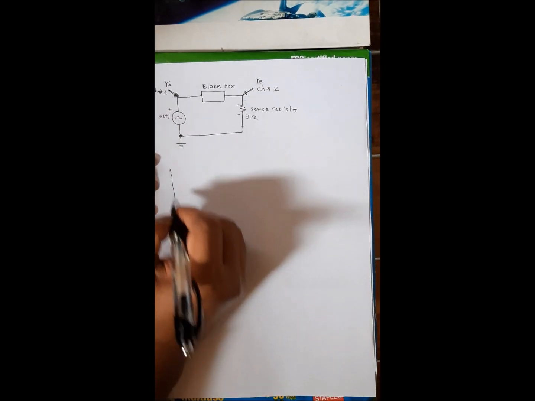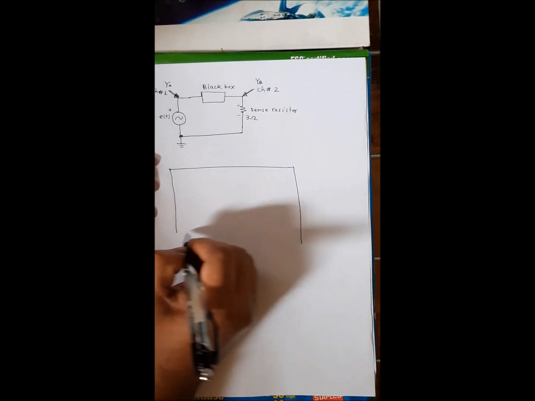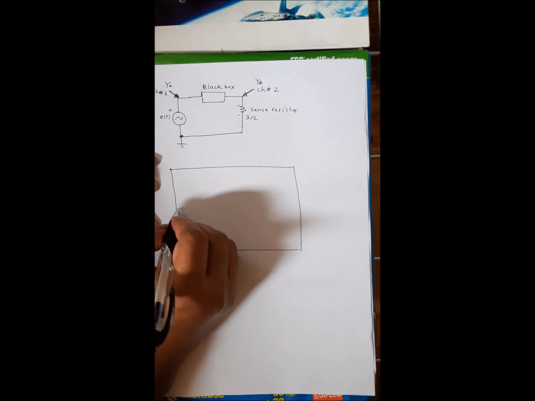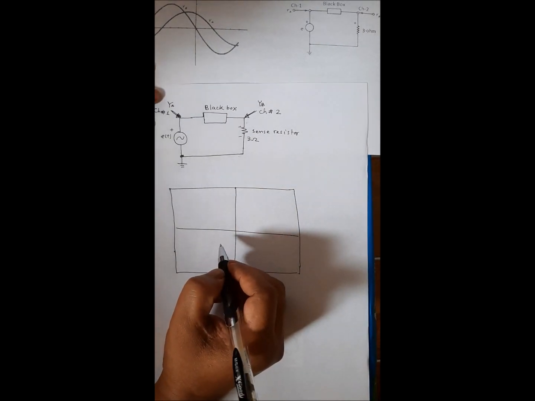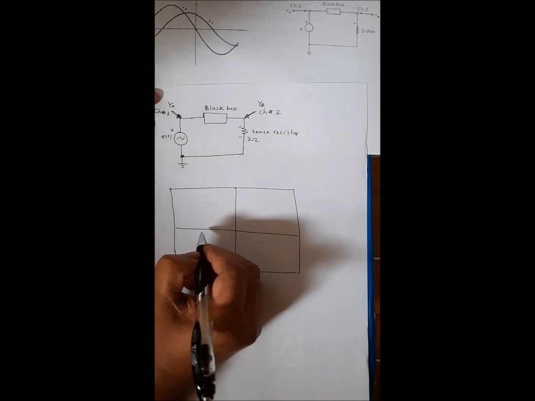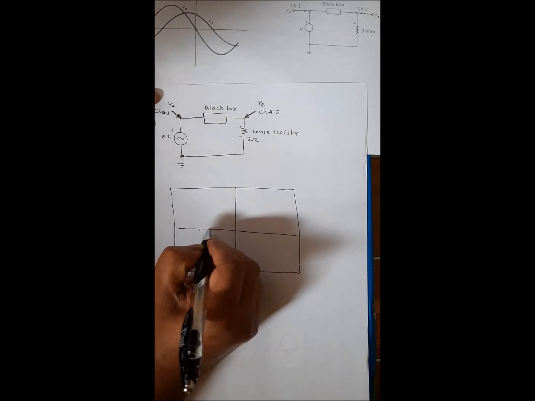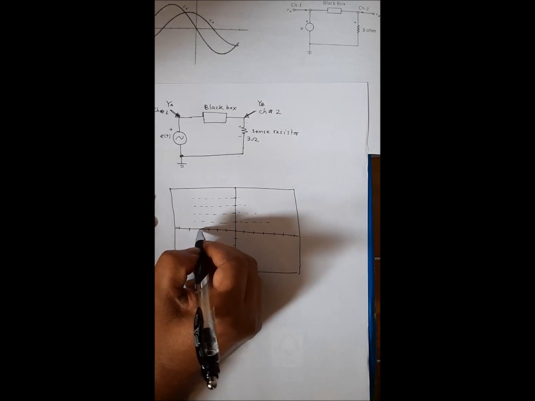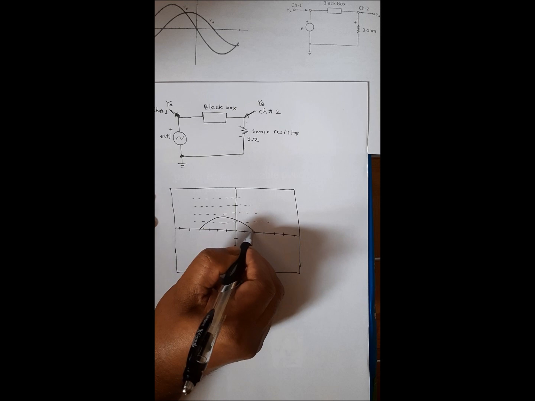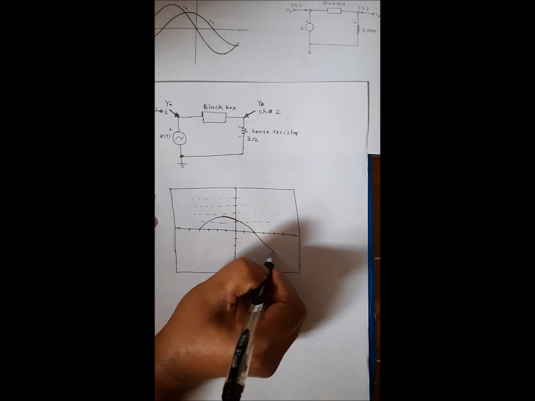So we get a wave like this. If you see the oscilloscope screen, you will observe a graph like this.